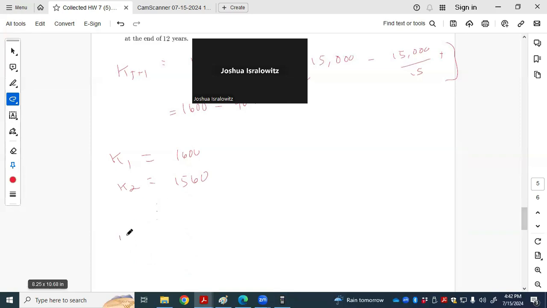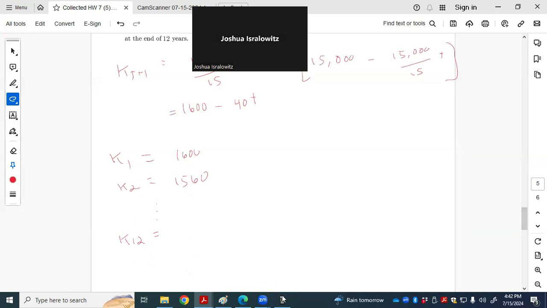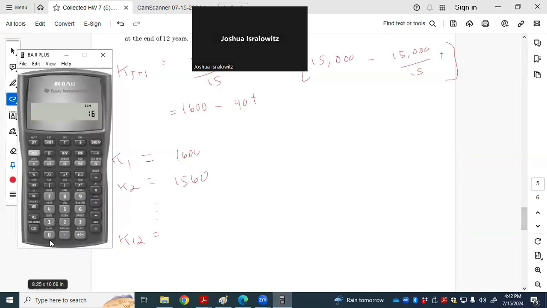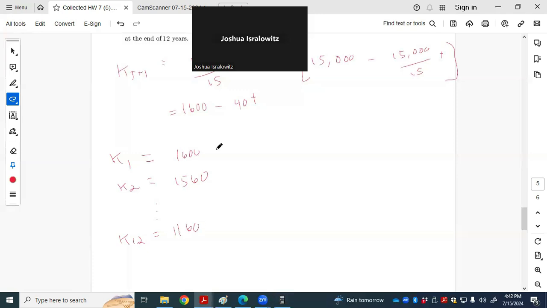At least that's the way I like to do it. So plug in 11, 1600 minus 40 times 11, you get 1160. So it's decreasing by 40 each time.